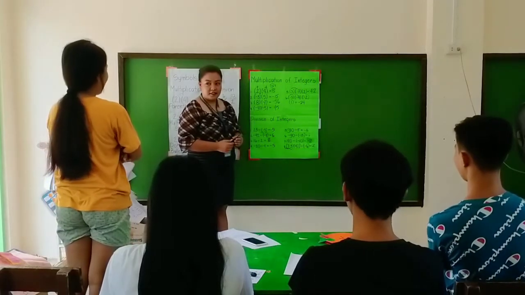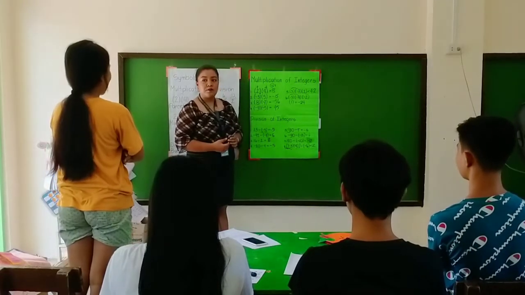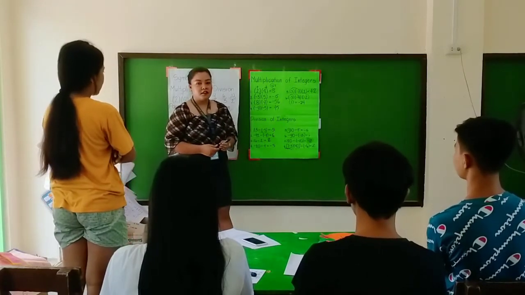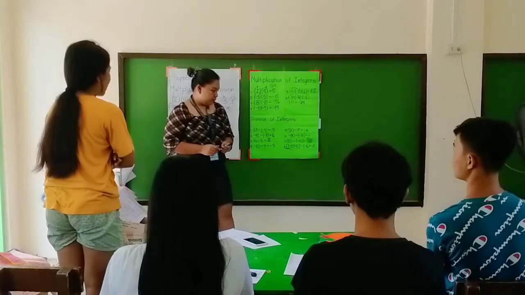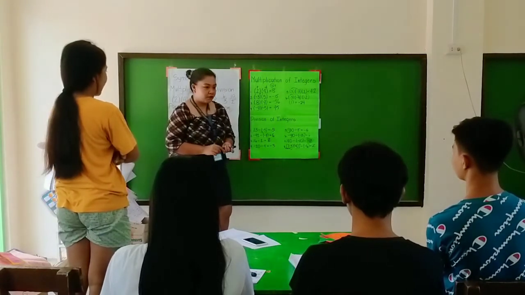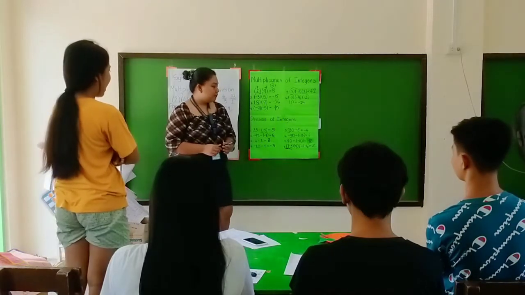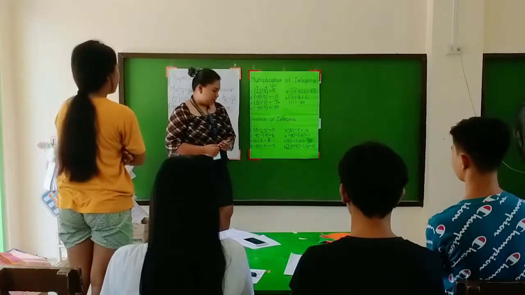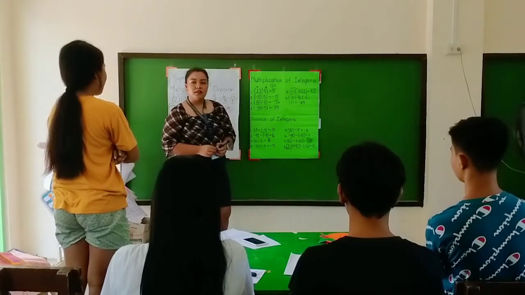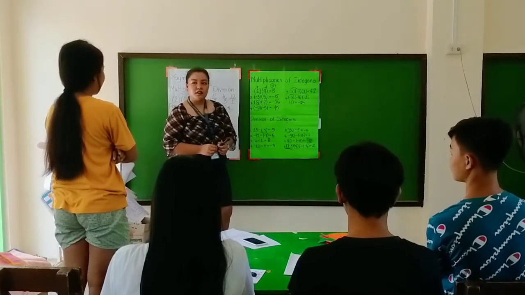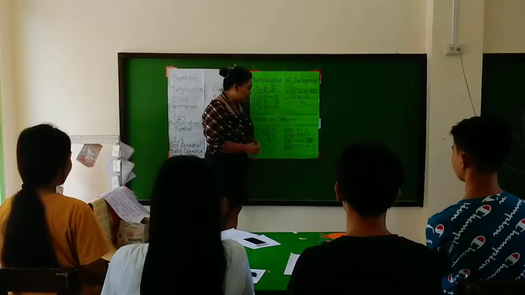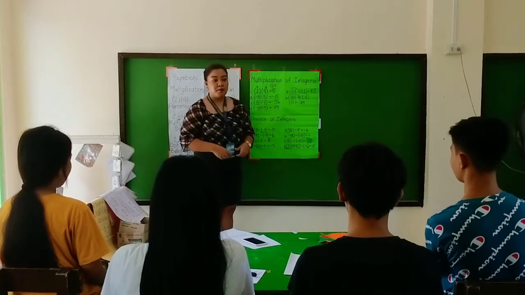Because a while ago, you discussed the multiplication of integers, which is if the numbers are different from each other, it will always be negative. So in the division of integers, if you divide a negative sign by a negative sign, it should be positive, always positive. Okay, very good. That should be always positive.